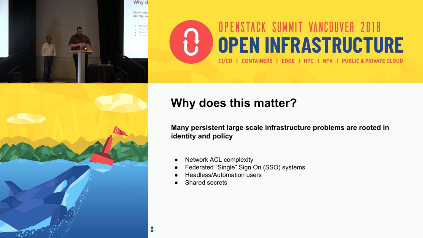If you have thousands of machines and they all have the same shared secret, and one of those machines gets owned, hacked, compromised, that shared secret is now completely compromised, and you have to change it on thousands of machines. This really shows that in large-scale infrastructure, the smallest problems become the biggest things to solve.